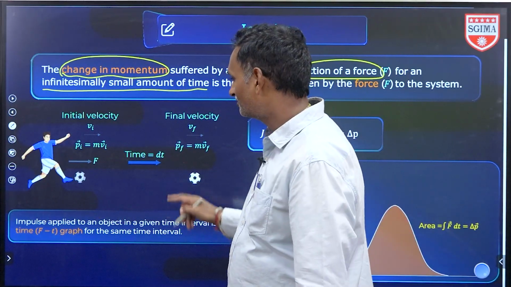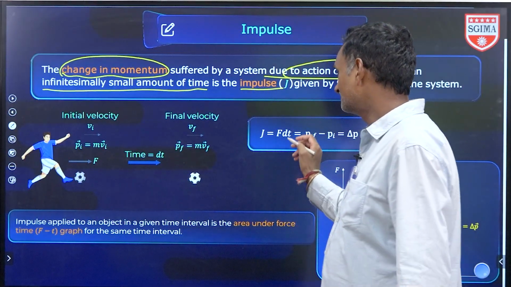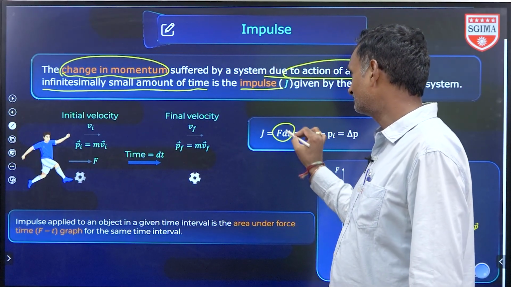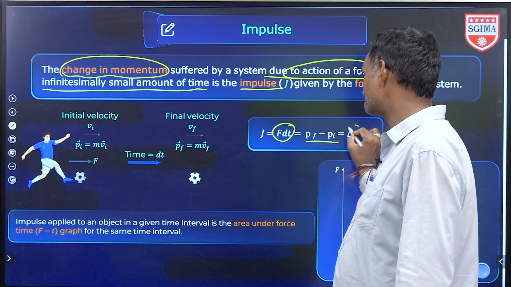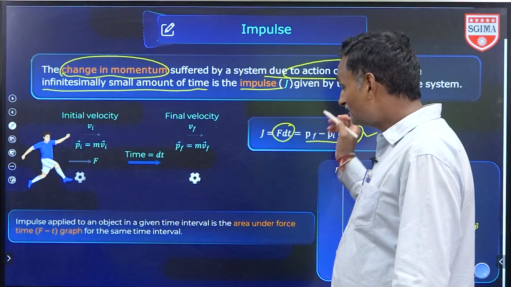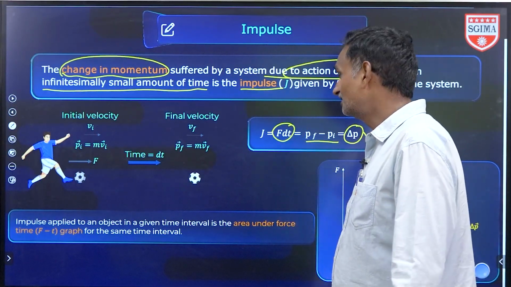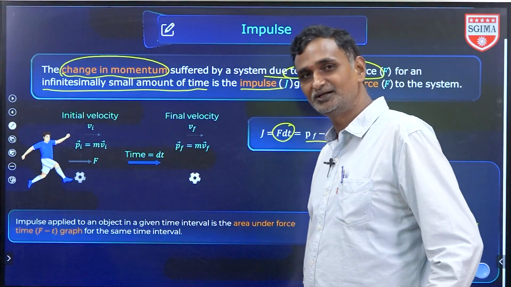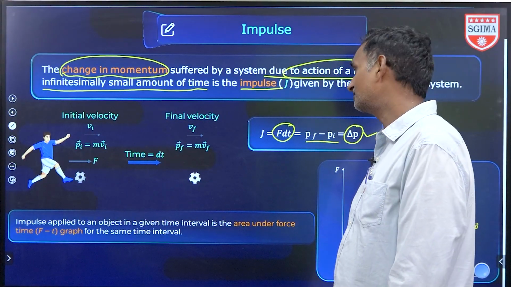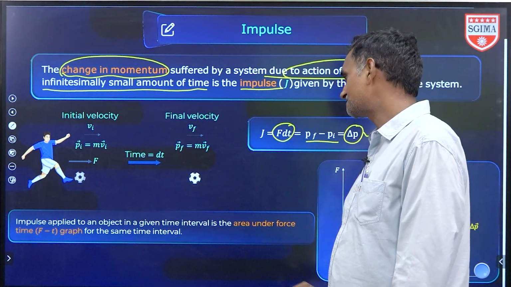In such a time, the change in momentum that takes place is called impulse. That is F into dt. This is P final minus P initial, and it is called delta P. This is also called the impulse momentum theorem, or the principle of impulse momentum. Generally we write J equal to F into t. J is called impulse.